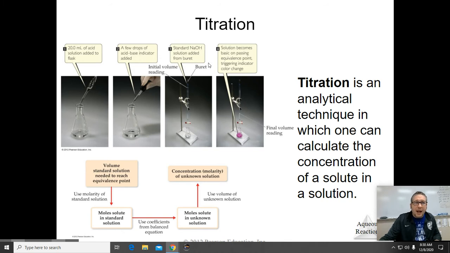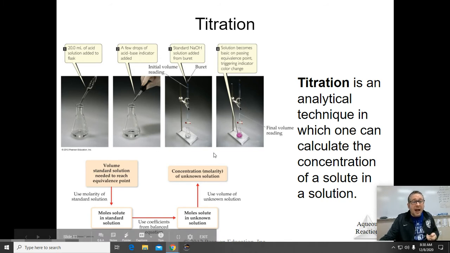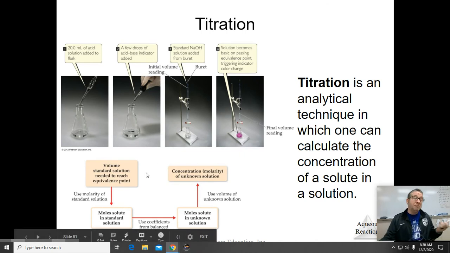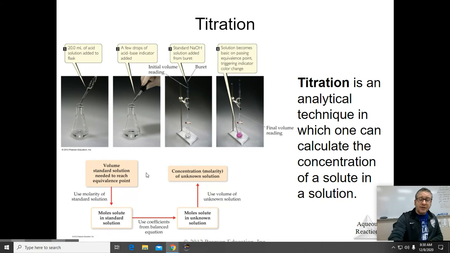That base has a known concentration, and so we can use that in conjunction with our flow charts to help determine what the concentration of that acid was. So it's a pretty neat technique, but one of the most important things you need to have in this process, and it goes back to chapter 3 as well, is a balanced chemical equation.